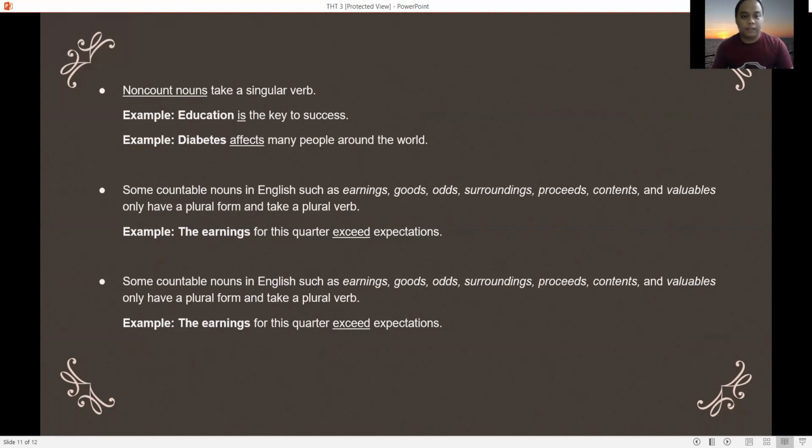Diabetes affects many people around the world. Right. The next one, some countable nouns in English, such as earnings, goods, odds, surroundings, proceeds, contents, and valuables, only have a plural form and take a plural verb. As an example, the earnings for this quarter exceed expectations.